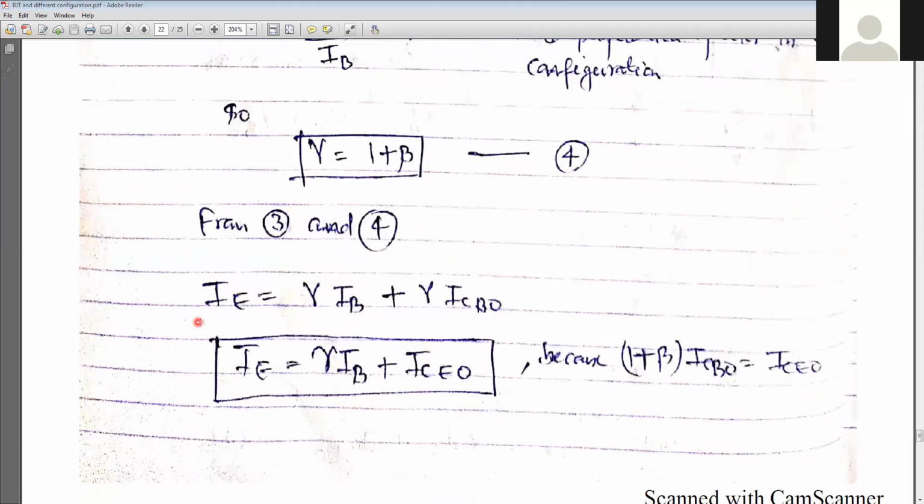See that IE is equal to gamma IB plus gamma ICBO, and gamma ICBO I will write as ICO because now it is a common emitter. So we know that 1 plus beta times ICBO is nothing but ICO. So this is the expression: IE is equal to gamma IB plus ICO.